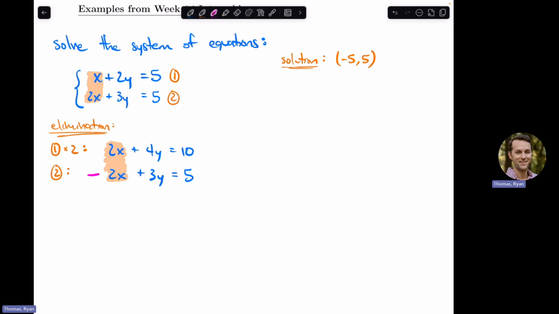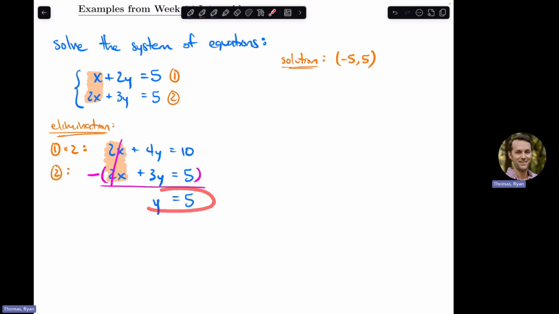So if I take these two equations now and subtract and combine like terms, what happens is they get 2x minus 2x, which is 0, and then 4y minus 3y. Those are like terms, again, the y terms. So 4 minus 3 would be just 1y, and then 10 minus 5. So y is 5.